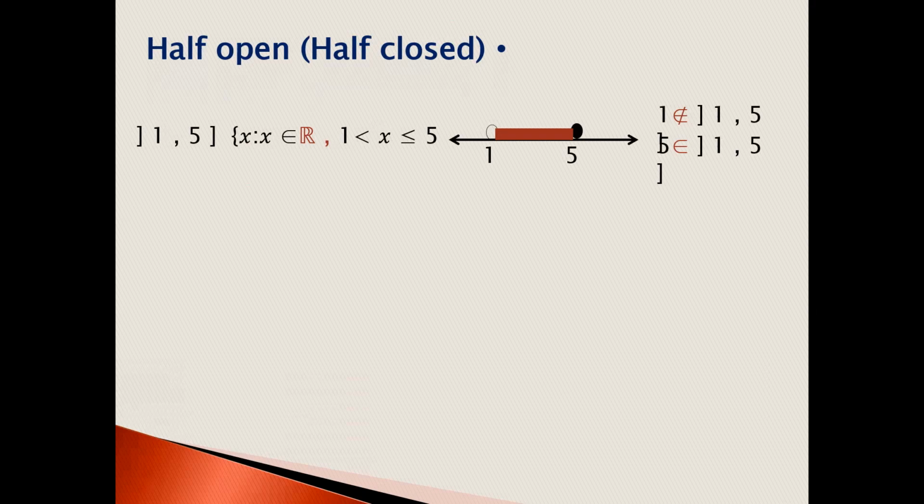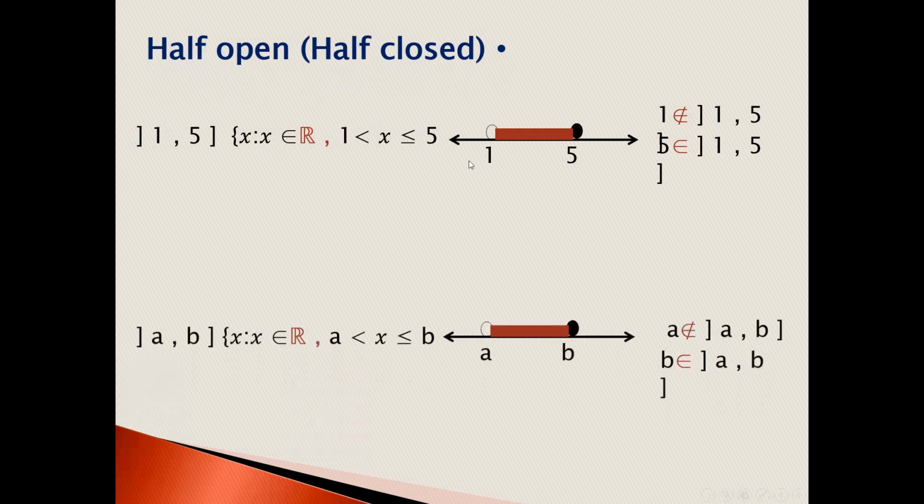This means x is more than 1 and less than or equal to 5. Equal to 5 means that 5 is included, so it is closed. 1 is open because I have x more than 1, without the equal sign.